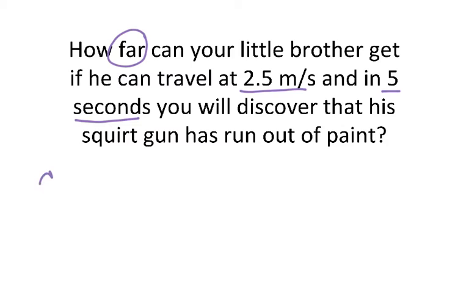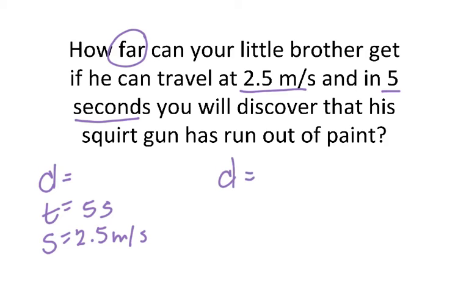So now our distance is what we want to find out. Our time is 5 seconds, and our speed is 2.5 meters per second. So distance equals time times speed.